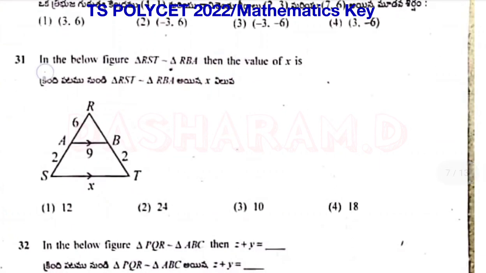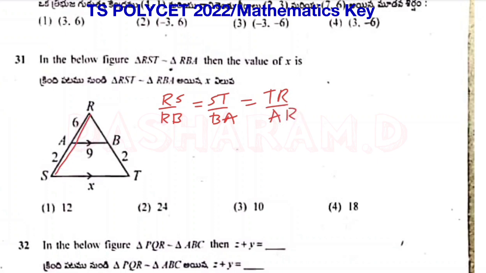Question number 31. In the below figure, triangle RST is similar to triangle RBA. Then the value of x? When the two triangles are similar, then as per the definition of similar triangles, the side ratios will be in proportion. So RS by RB equals ST by BA equals TR by AR.